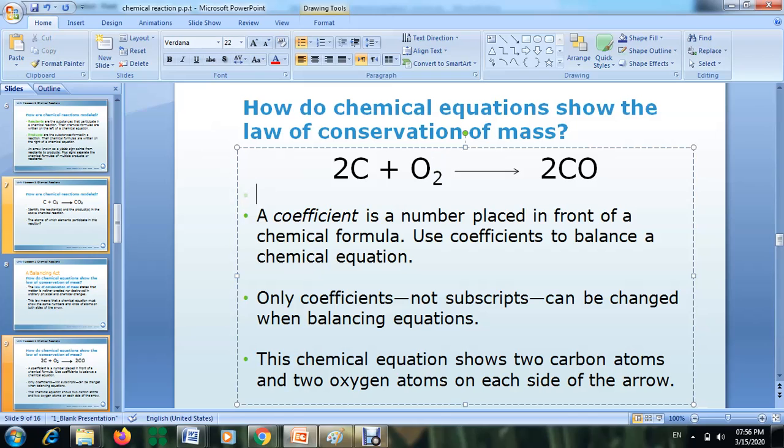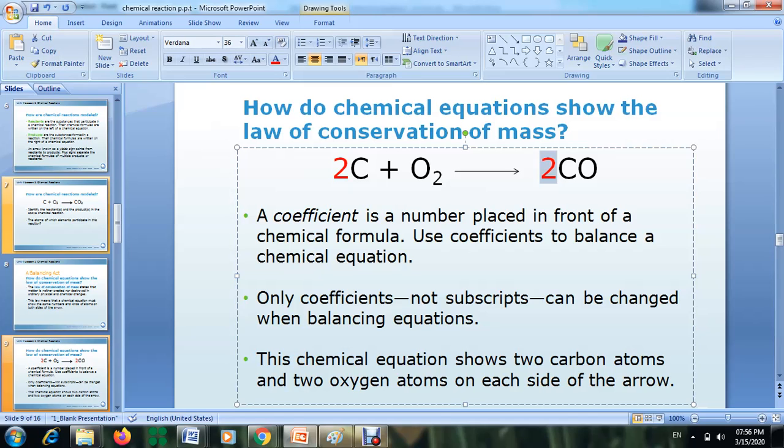But here in this equation, as you see, we have numbers in front of these elements. For example, here you have carbon, and it has a number 2. Also here we have a number 2 before carbon monoxide.